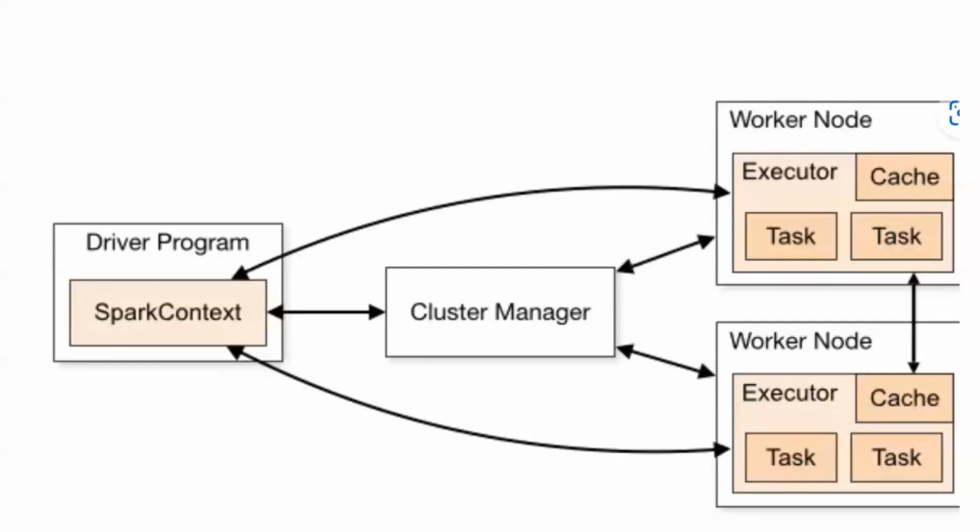As I told you, we are not using YARN and MapReduce from Hadoop. Rather, Spark has its own cluster manager as well as its own MapReduce component. So we just have to create a new Spark context. The Spark context will talk to the cluster manager and assign the worker nodes. Worker node means the data node, the task node. Okay, so there are executors.